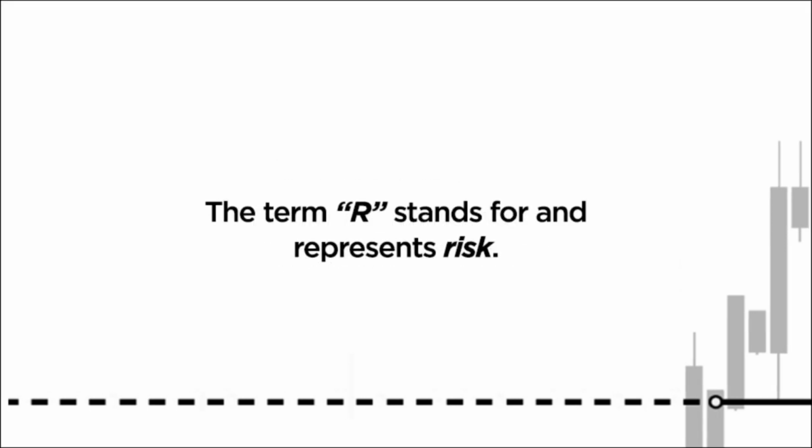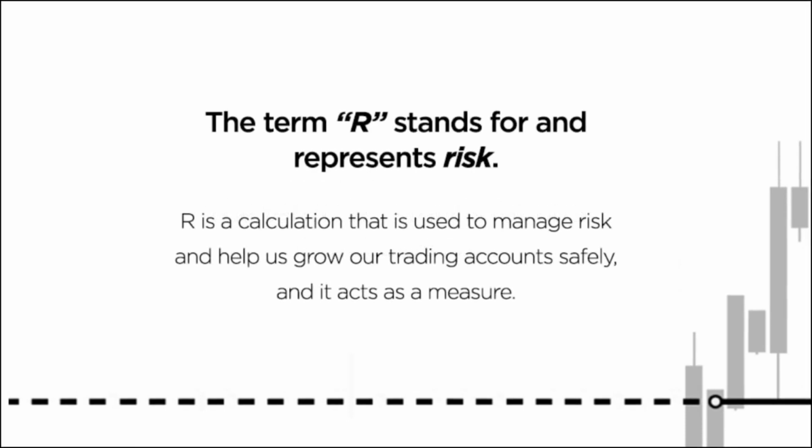The term R stands for and represents risk. So R is a calculation that's used to manage risk and help us grow our trading accounts safely, and basically it acts as a measure. And we'll cover this in more detail in just a second.